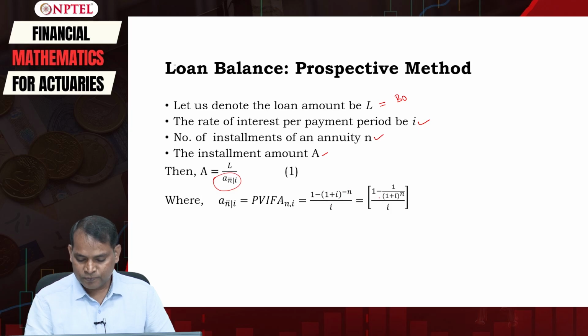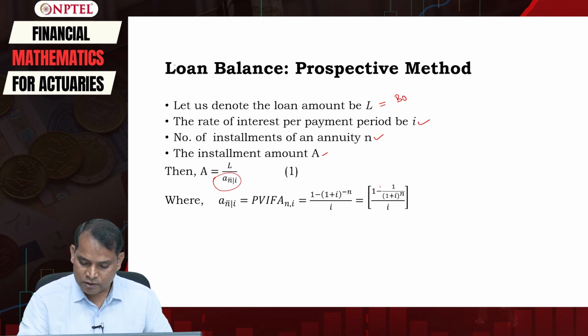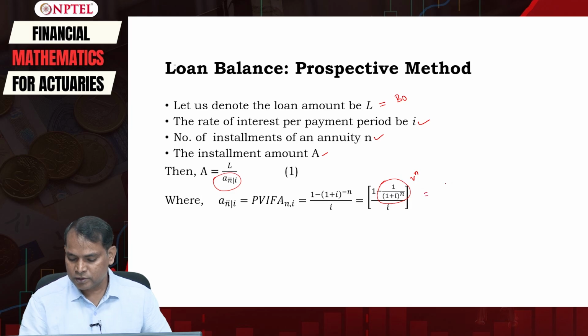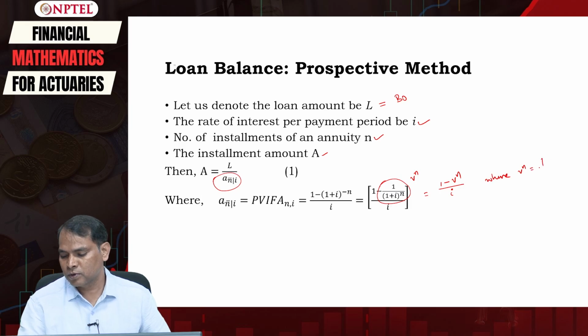In a simpler way, we can take this as 1 minus 1 upon (1 plus i) to the power n, divided by i. This is nothing but v to the power n, so it can also be computed as 1 minus v to the power n divided by i, where v to the power n is equal to 1 upon (1 plus i) to the power n.